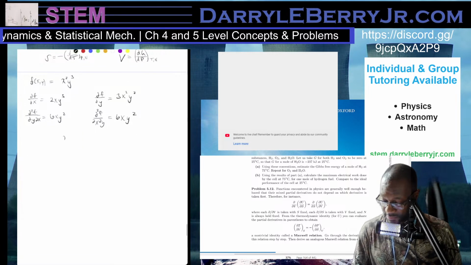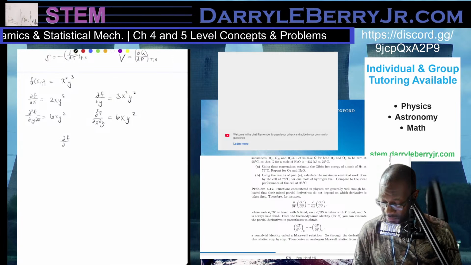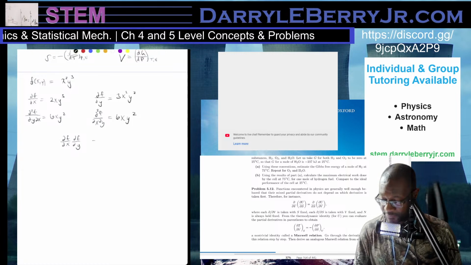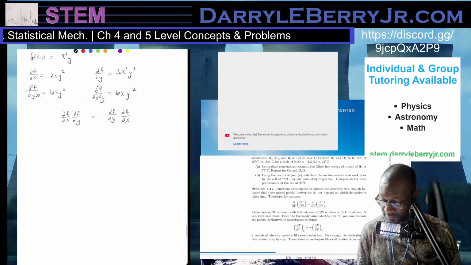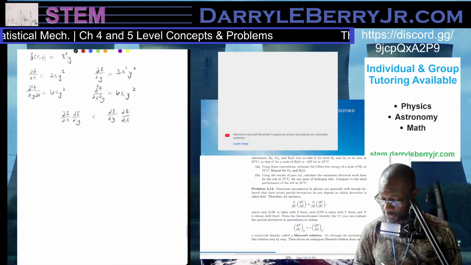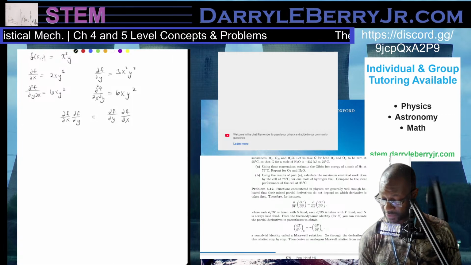So we can see that partial x of partial f partial y equals partial y of partial f partial x. So we can see that the partial derivative, in whichever order we do it in, is the same.